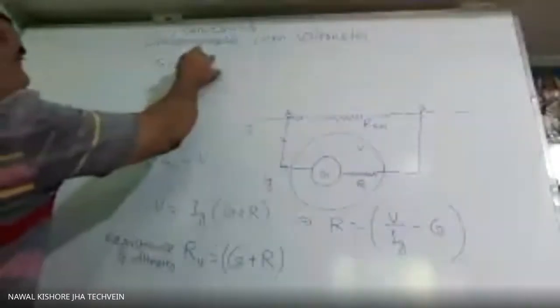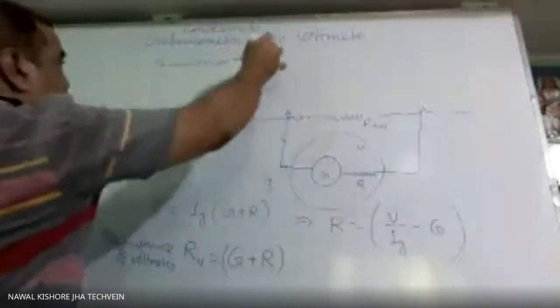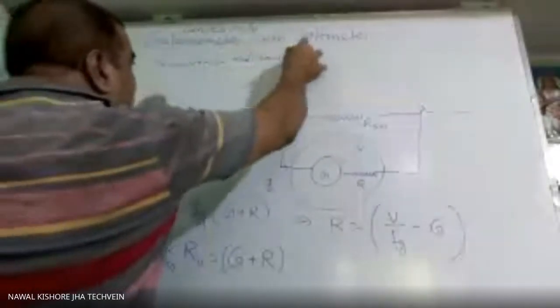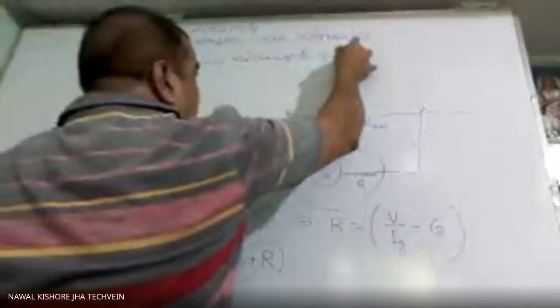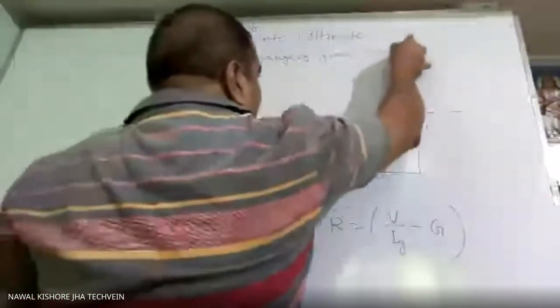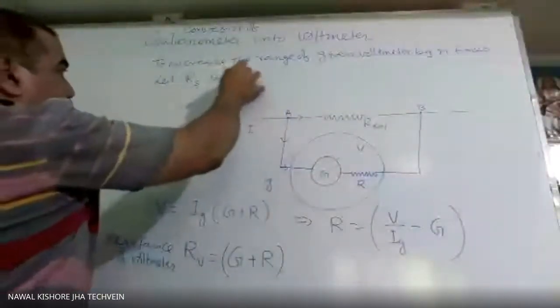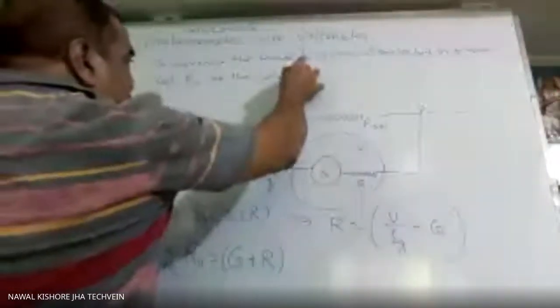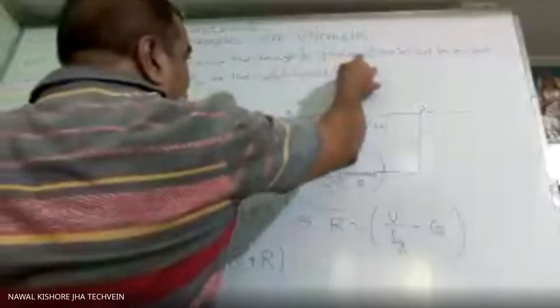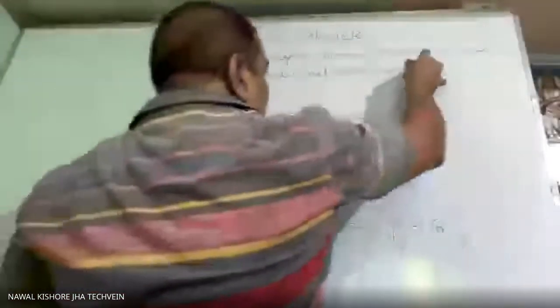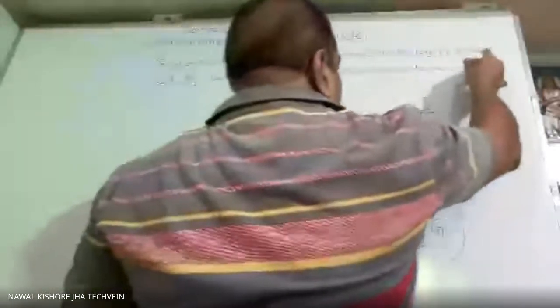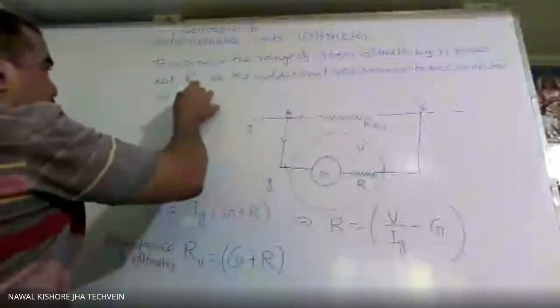To increase the range of the given voltmeter by N times, let RS be the additional resistance to be connected in series.